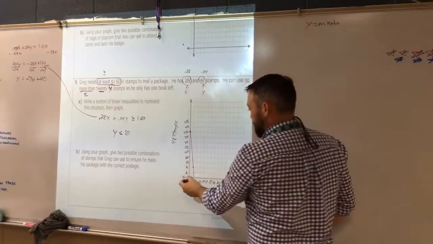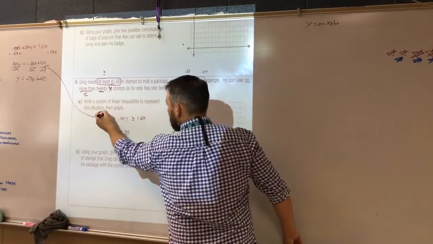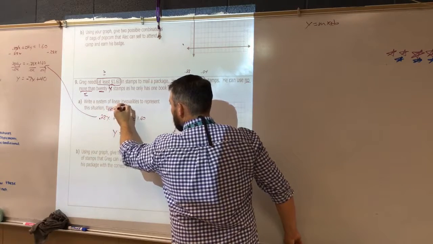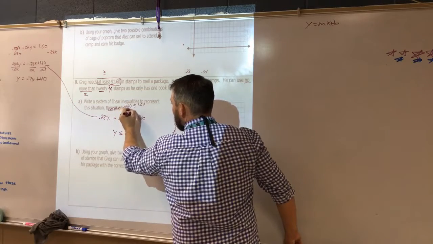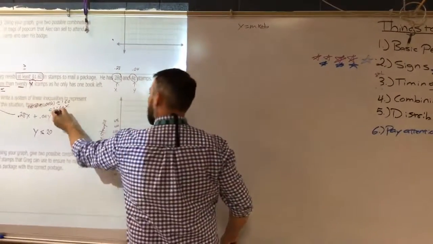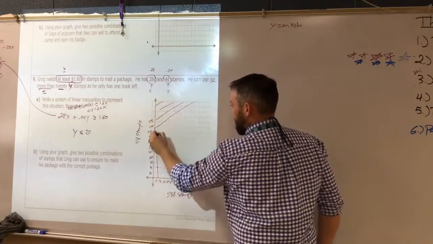Now I'm going to take 0, 0 and plug it into my original. So 0.28 times 0 plus 0.04 times 0 gives 0, which is greater than or equal to $1.60. That is certainly false, so I'm going to shade on the other side of the line.